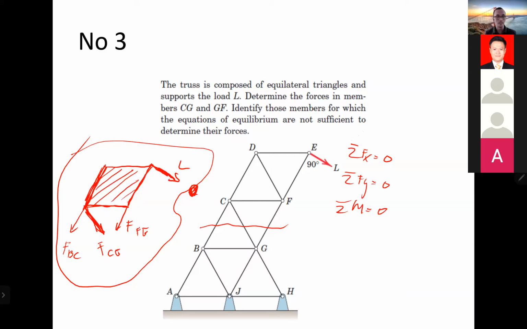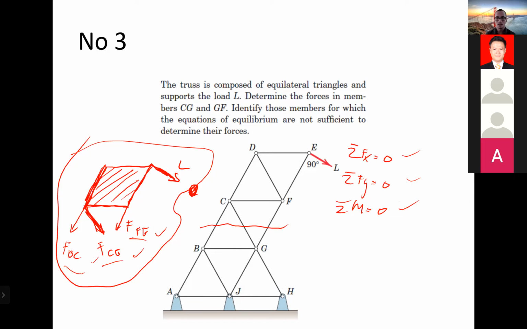Using these three equations, you will be able to find all the member forces. These three member forces, because we have three equations and three unknowns. Right? Yes, sir. So it's actually as simple as that.